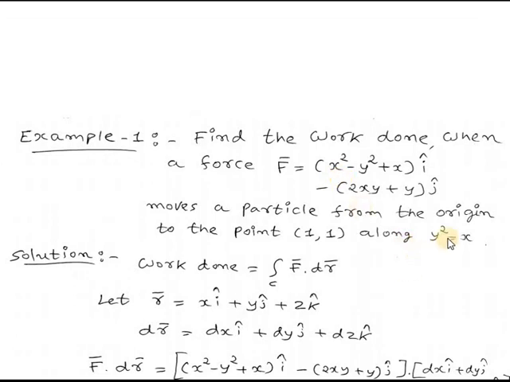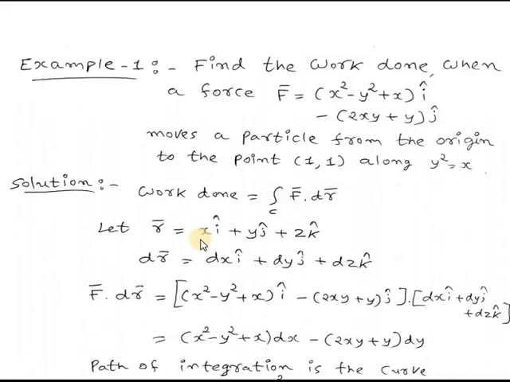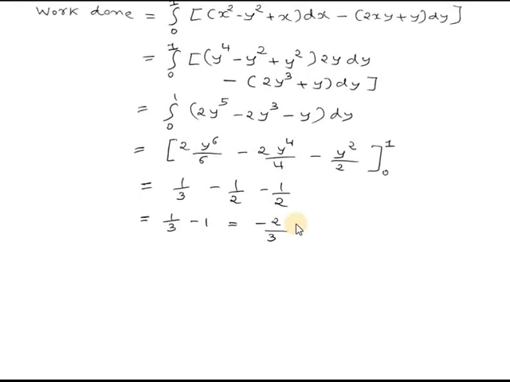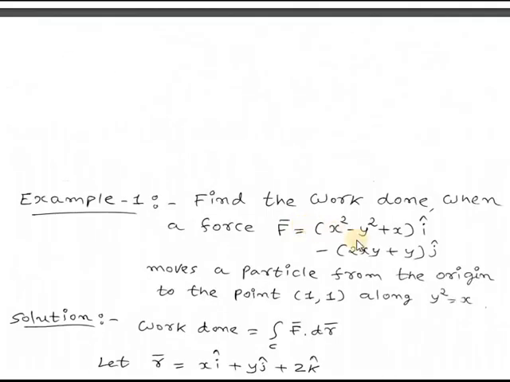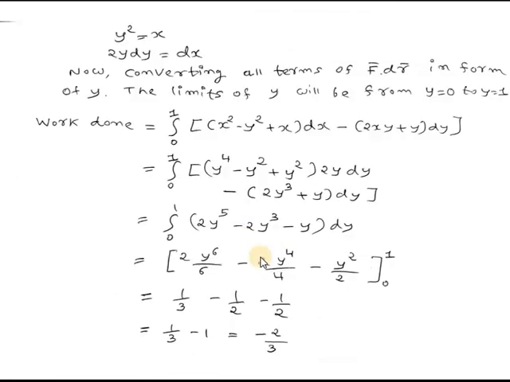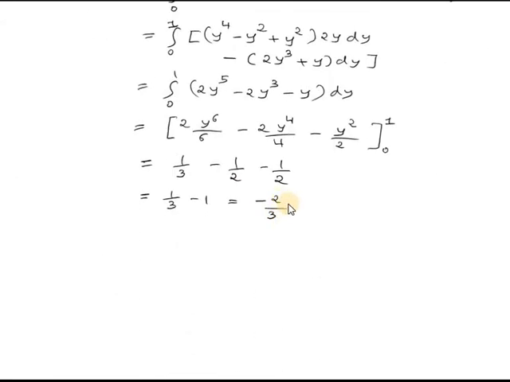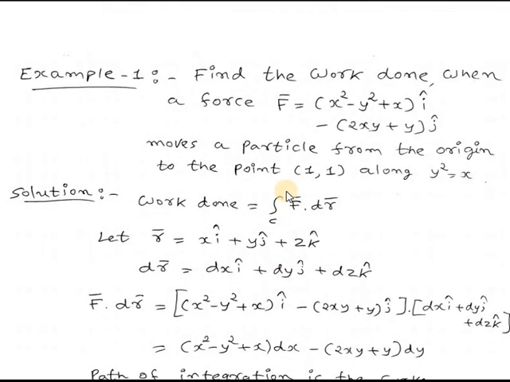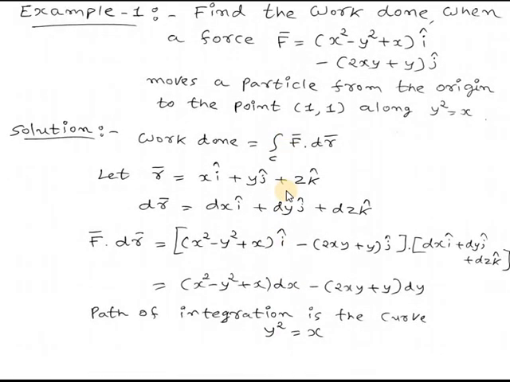As you have calculated earlier, the answer for the path y square equal to x is -2 by 3. So if you are finding for another path y equal to x, then you will get the same answer, -2 divided by 3, if the line integral is independent. This is the meaning of independent. Independent of path means you will get the same answer for all paths.